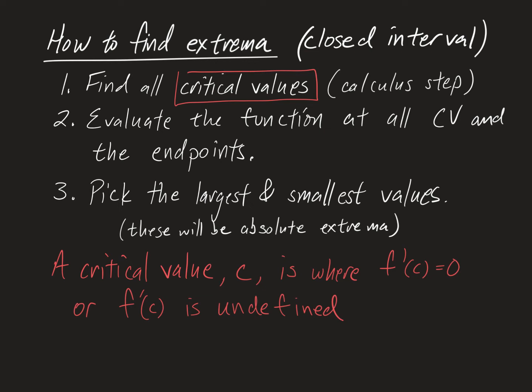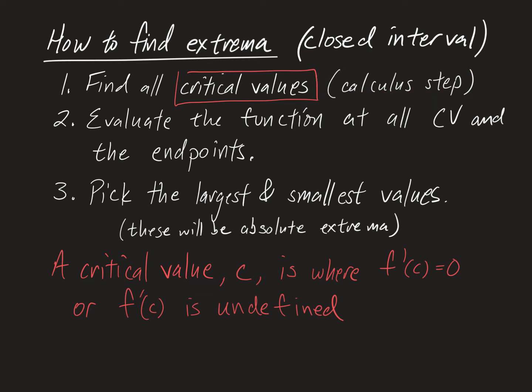So how do you actually find the extrema? Well, first we're going to start with the closed interval, and I'm going to point out that the word extrema is the math word we use to call extreme values. So the first thing you want to do when you're looking for extrema on a closed interval is find all the critical values, and this is where the calculus happens.